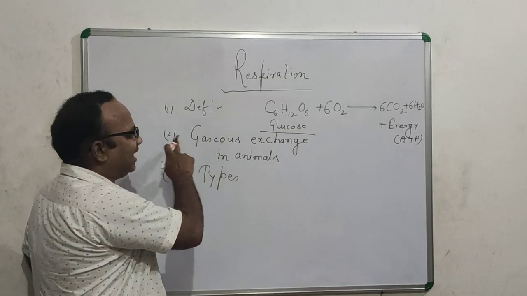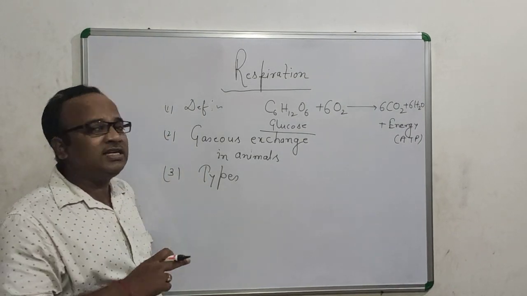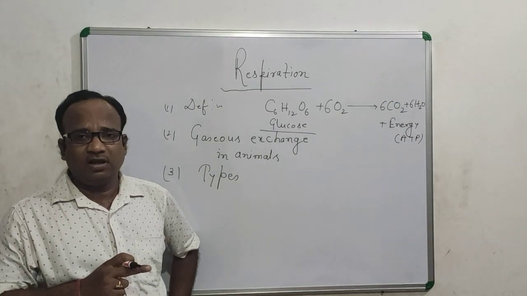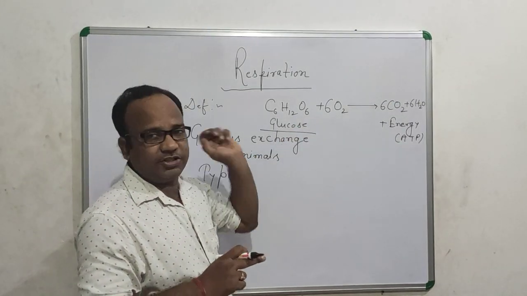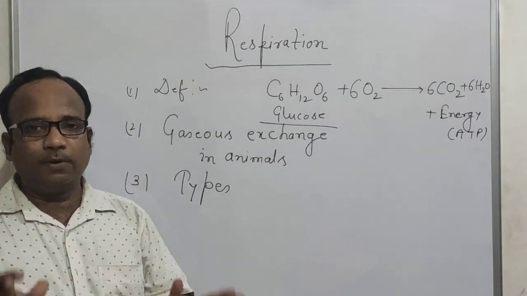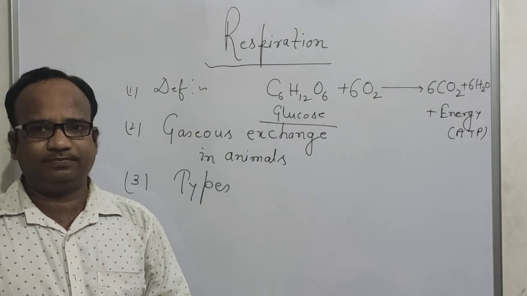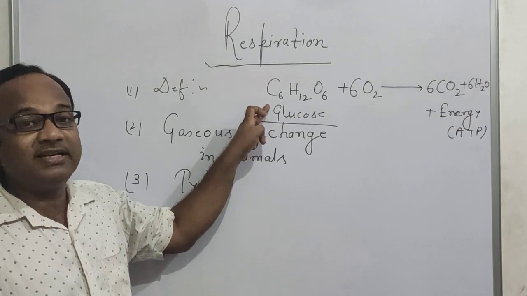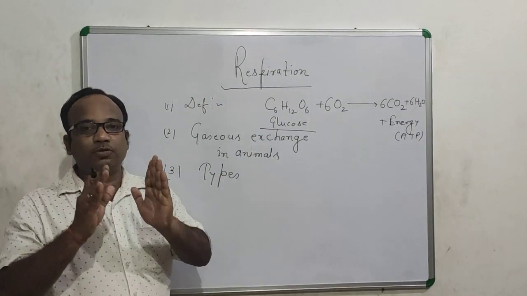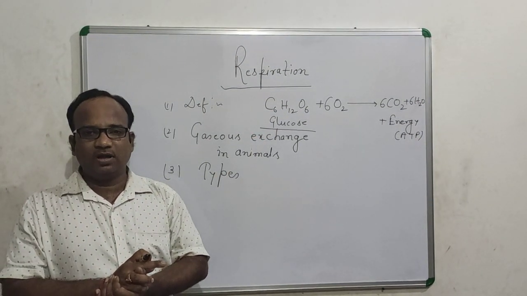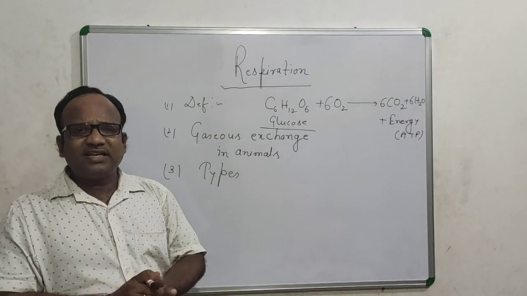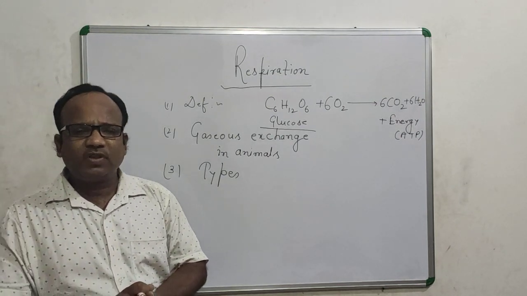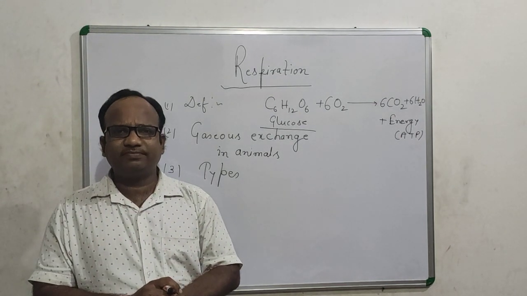The next one is gaseous exchange in animals. There is a requirement of oxygen for the process of respiration. Then there is the possibility that this food molecule is going to be broken down. How does this oxygen reach? First in plants.